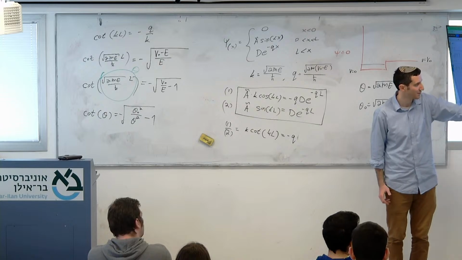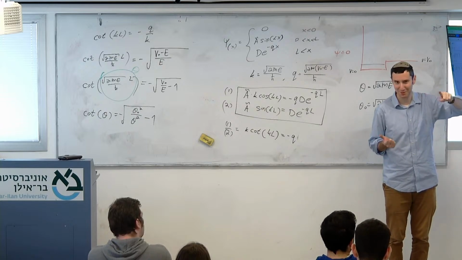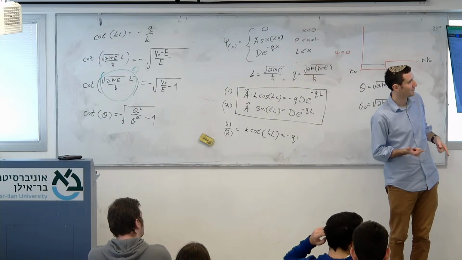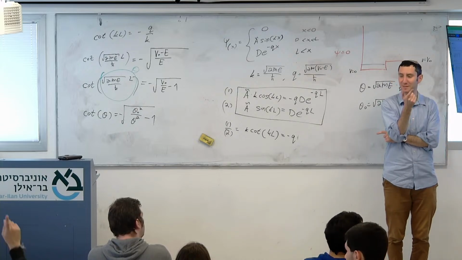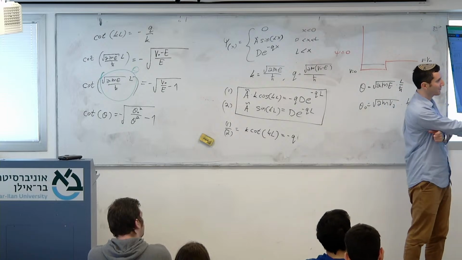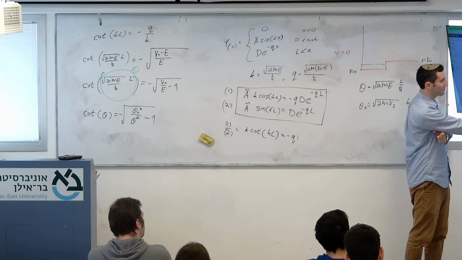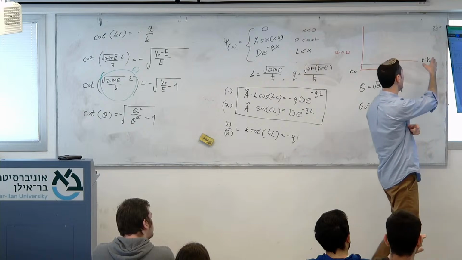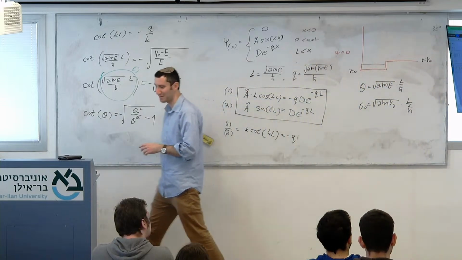The divergence of cotangent is 1 over sine. Pi over 2. It's like tangent, sine over cosine. Cosine, let's say pi over 2. Yeah, pi over 2, but it's not pi over 2. Wait a second.